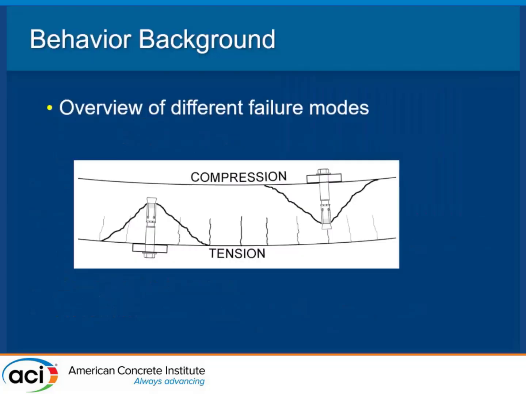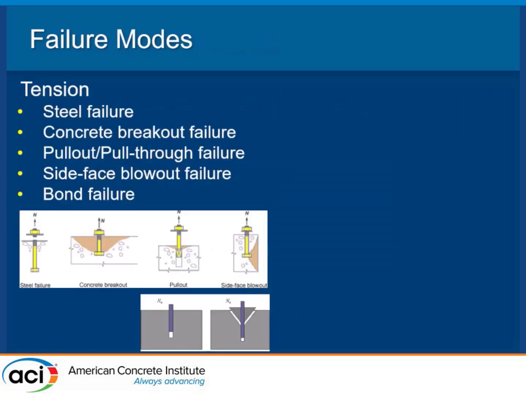So anchor behavior. We'll talk a little bit about cracking since we already brought that up. We're going to go over each one of these failures later, so we're going to first introduce this in the overall introduction. We have these different types of failure modes.